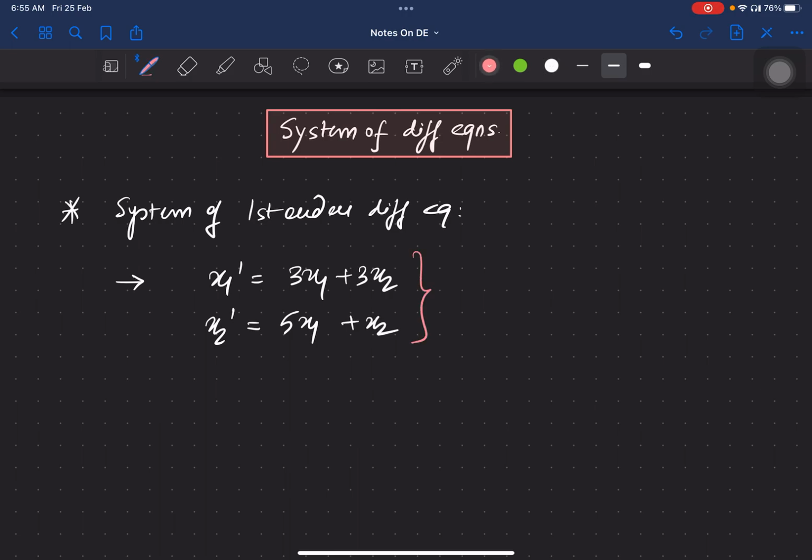So you can see this is a system, and this is said to be a coupled system because you can't solve x1 and x2 separately, because the differential equation involving x1 prime contains the x2 term, so you can't solve x1 and x2 individually. So it's called a coupled system of differential equations.